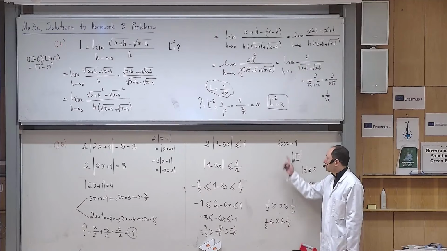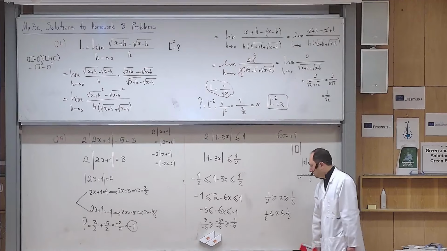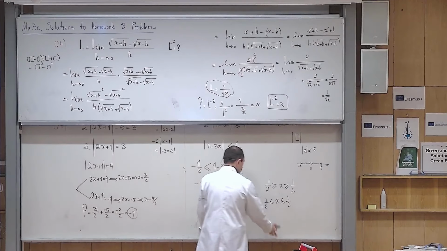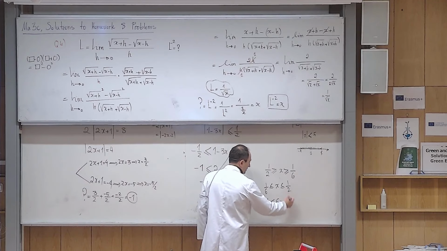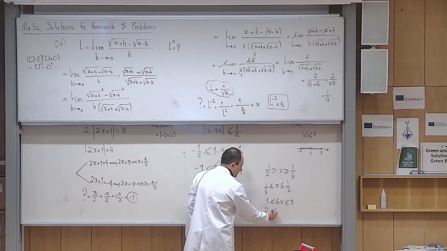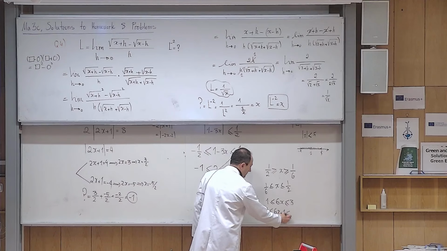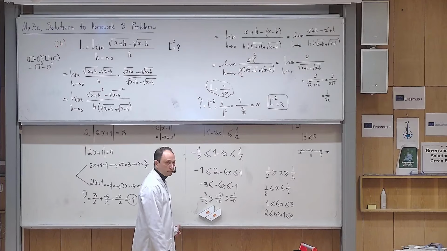I need to know something about 6x plus 1. So what do I do? I multiply everything by 6. So this becomes 1, and this becomes 3. I add 1 to it, it becomes 2. 6x plus 1 is less than or equal to 4. Are you with me or not?